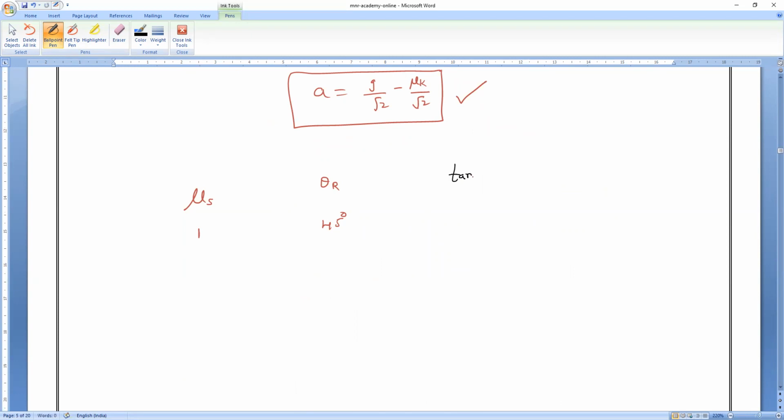At that point, tan theta r, which is the limiting condition, equals mu s. That is how we have done it.